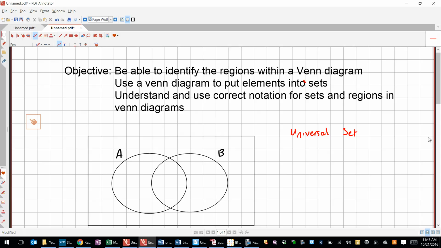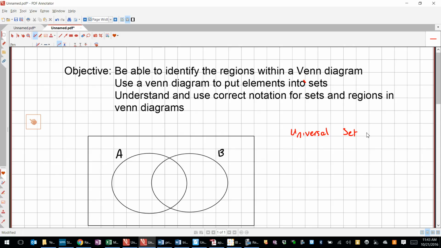Just put your pens down and listen, and then I'll give you some time to write what I'm writing. So the universal set is what we are allowed to use for this problem. Within this rectangle must be every number that I've told you you're allowed to use, or must use, shall we say.